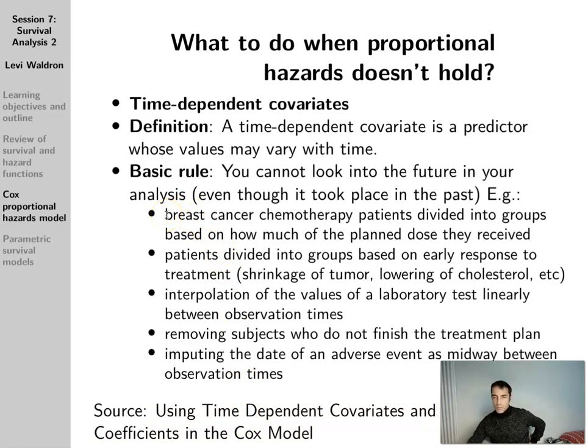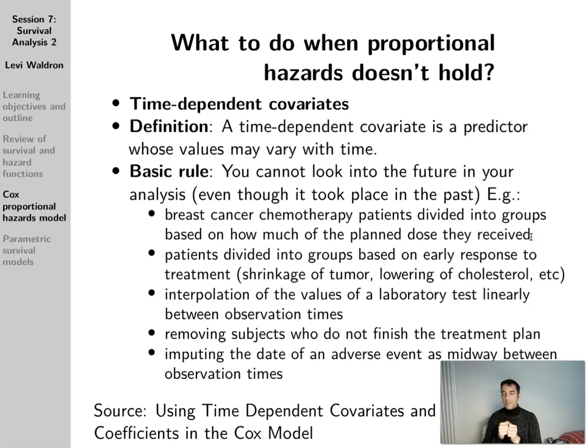One they had was breast cancer chemotherapy patients divided into groups based on how much of the planned dose they received. So that's looking into the future because they were divided into groups at the beginning of the study when you don't know how much of the planned dose they eventually received.